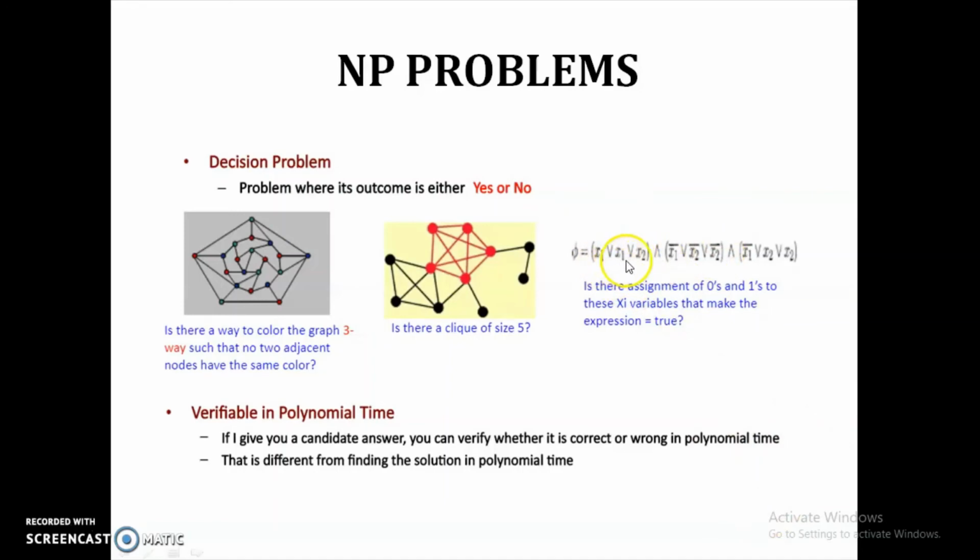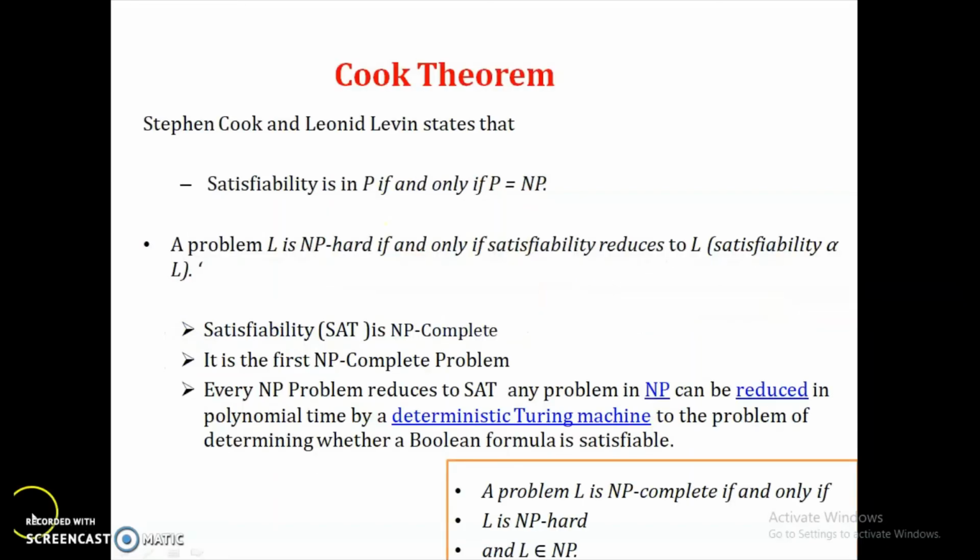So here there are two variables x1 and x2, and you assign the values 0 0, 0 1, 1 0, 1 1, all the 4 combinations, and find out whether the output is 0 or 1. If it produces the output 1, then you can take this as a satisfiable one. If it cannot produce output 1 for any of the 4 combinations, then you can say this is an unsatisfiable problem.